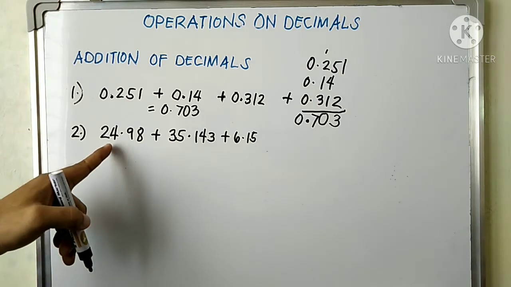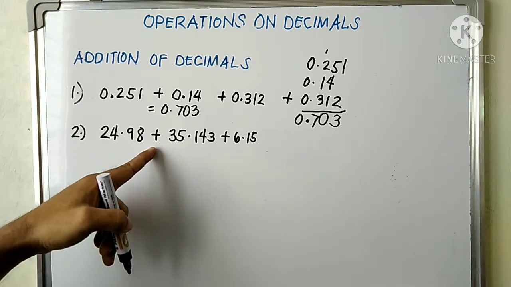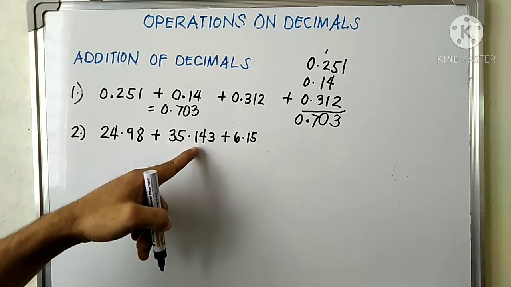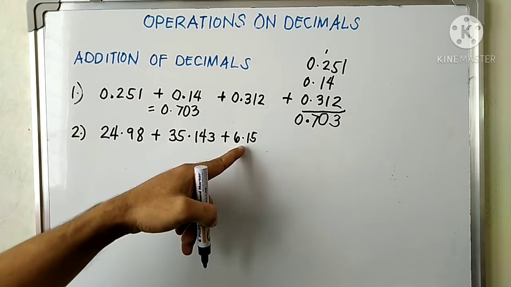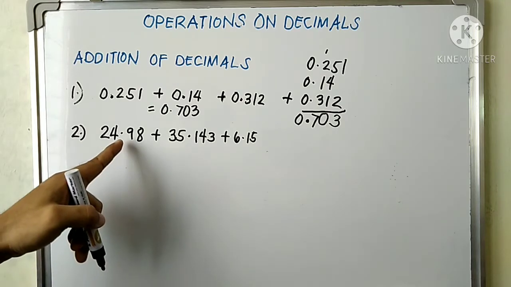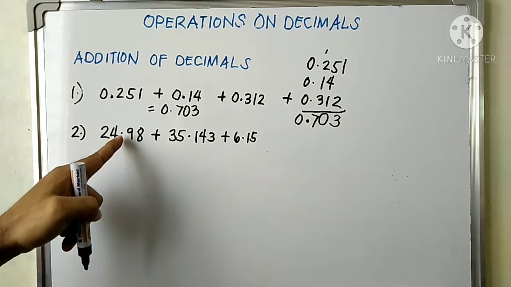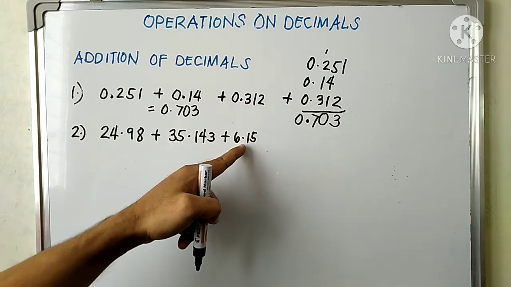The second one, 24.98 plus 35.143 plus 6.15. Again, our procedure here is align vertically the decimal points.